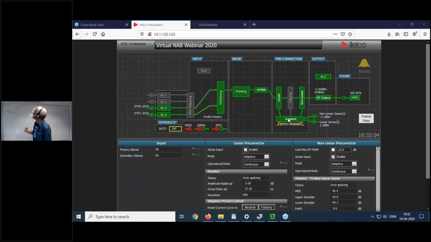So for efficiency reasons, if we need to be linear with such a large peak, we have to have a very large back-off from our power supply, in this case 12 dB. That costs a lot of power, so therefore we want to reduce the peaks.